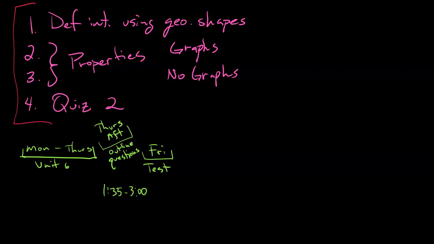The outline is already attached to the weekly calendar. What I will say is the information that's on the outline is the biggest the test would be. So it's entirely possible we might not make it to definite integrals with U substitution.